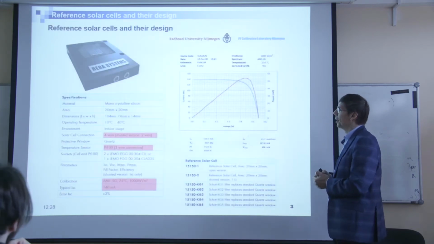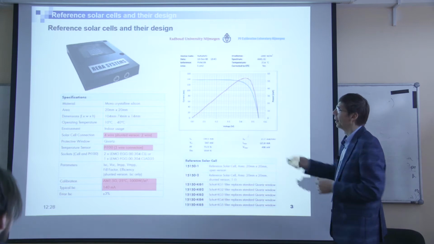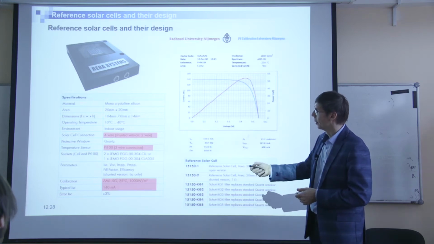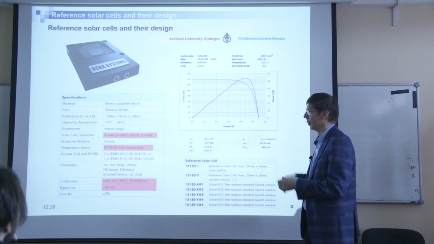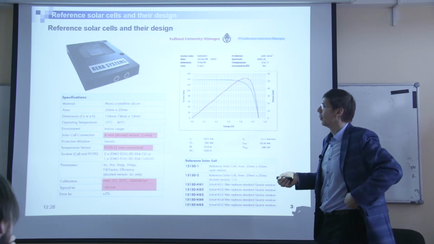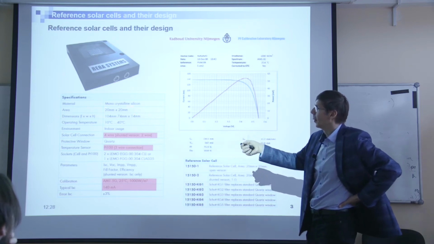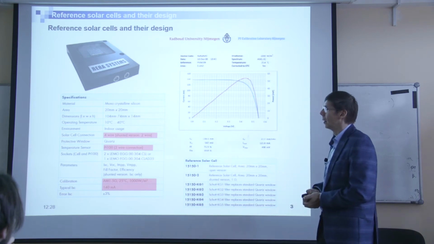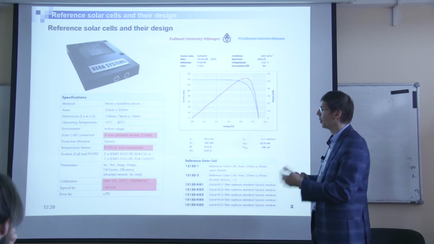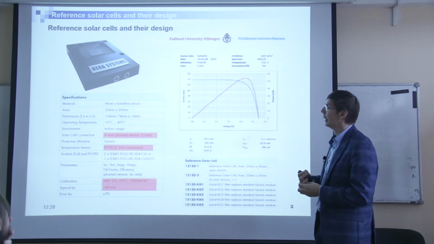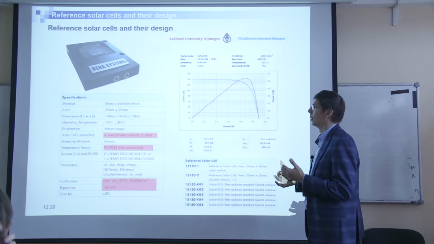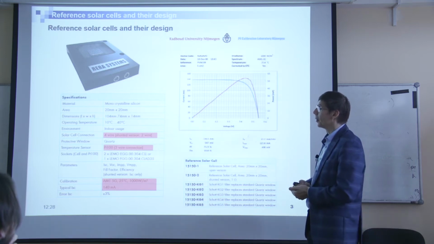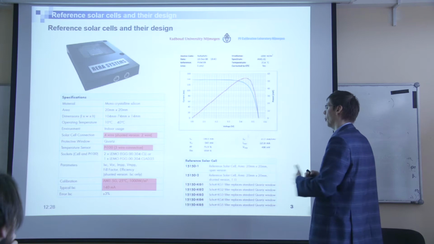And here is another example of a reference solar cell. Here you can find some specifications to order. First of all, you have to choose the material of this reference solar cell. It's an important thing because, as I will describe later, the spectrum of sensitivity of such a reference solar cell should normally correspond to the spectrum of the measured solar cell.